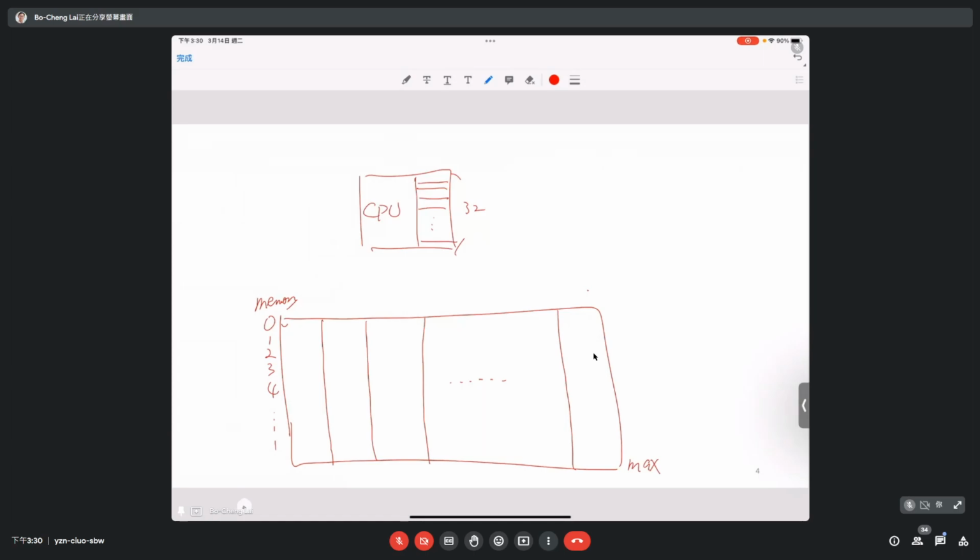And each position is a byte. This is a byte.